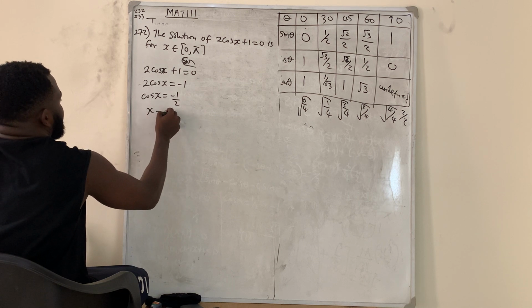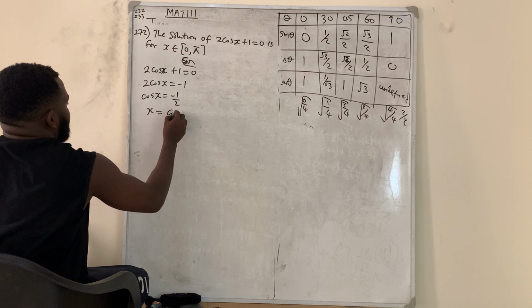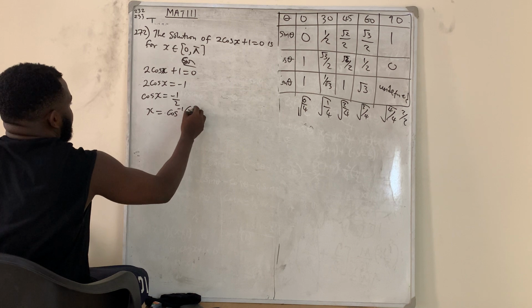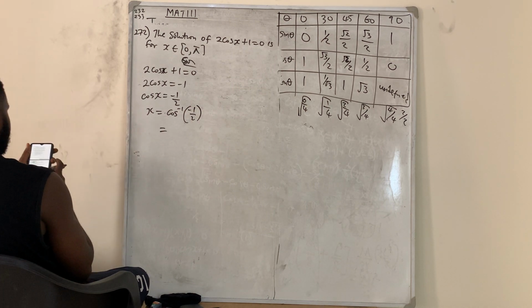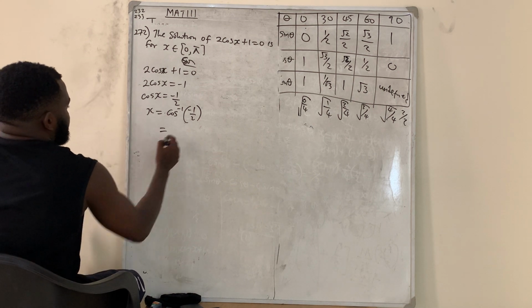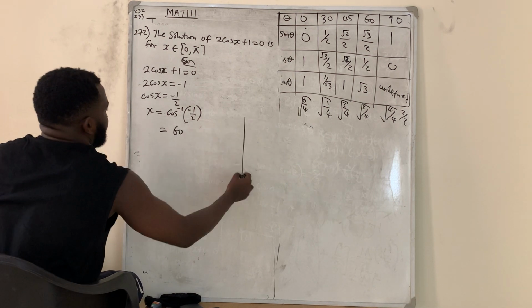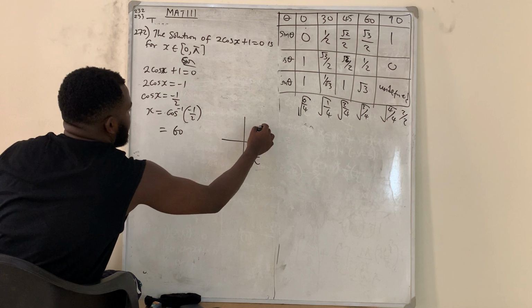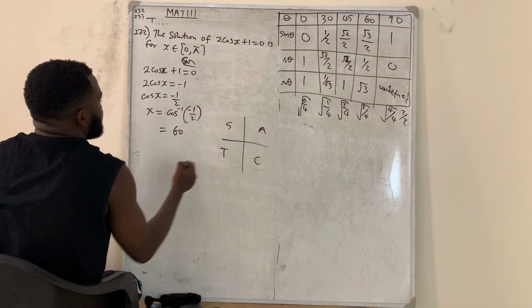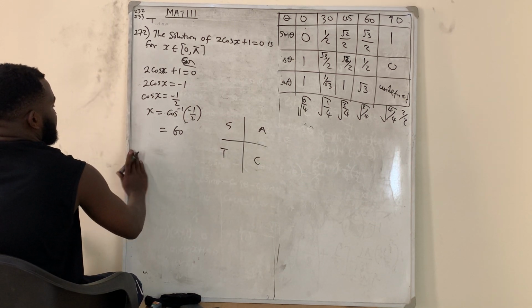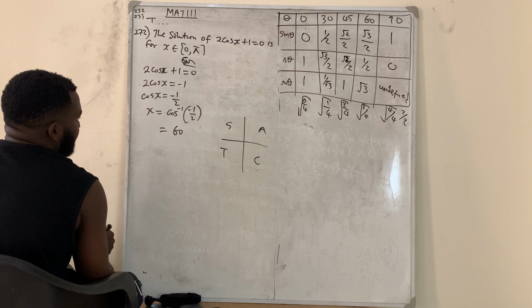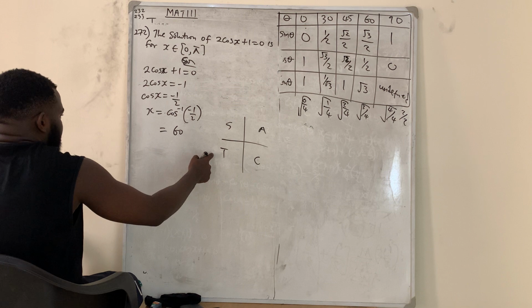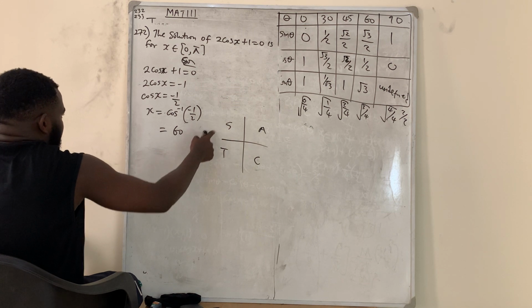So x will be cos inverse of minus 1 over 2, which is 60. But this is CAST. At what point is cos negative? Cos is negative in the second and the third quadrant.